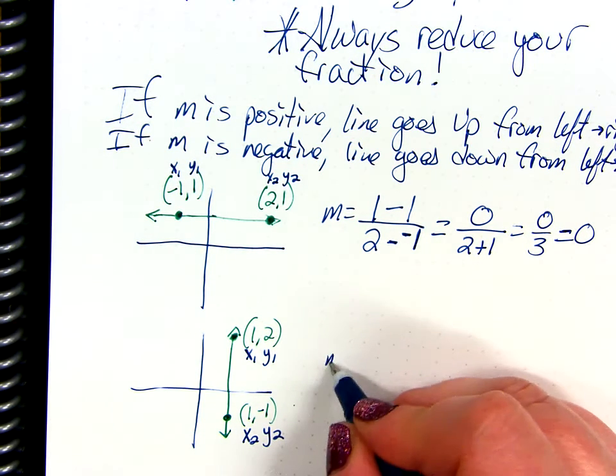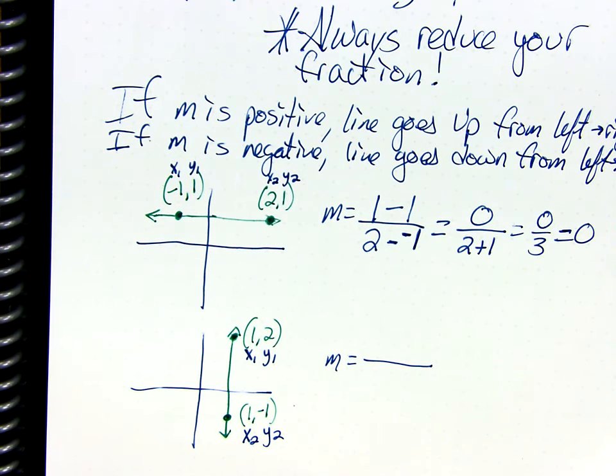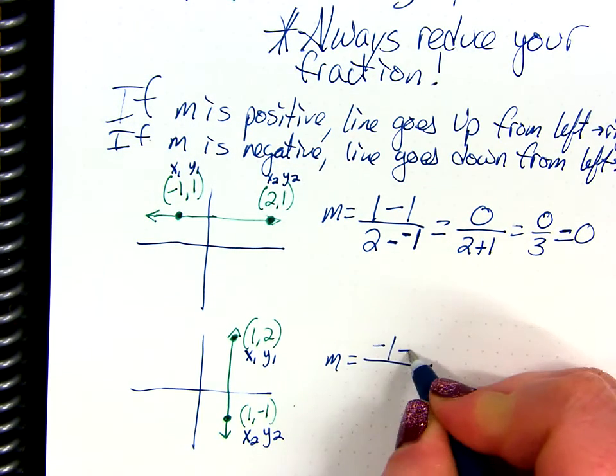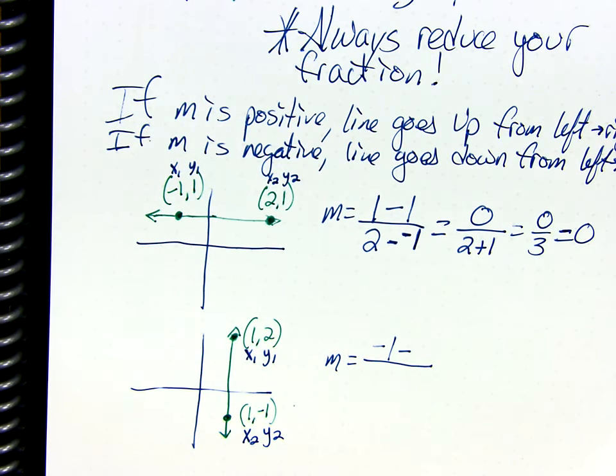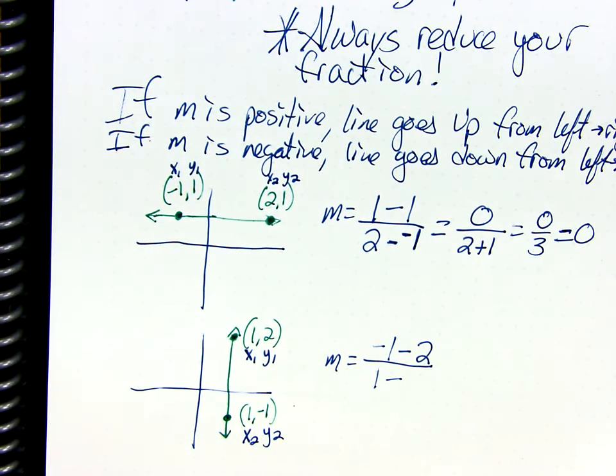Okay, let's plug in the pieces. What is y2? -1 minus, what's y1? 2. Downstairs, I want x2, which is 1, minus x1, which is 1.